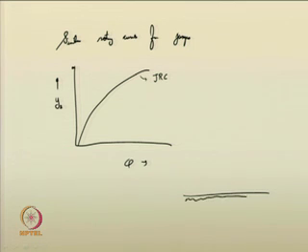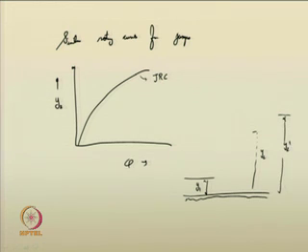Say for this particular channel reach you have only the fixed pre jump depth. This is the post jump depth y 2, and your y 2 dash, the tailwater depth, can be greater than y 2 or it can be less than y 2.